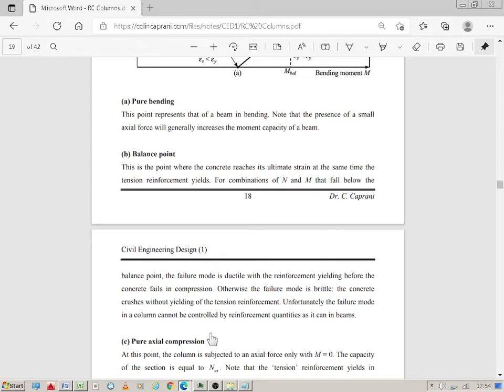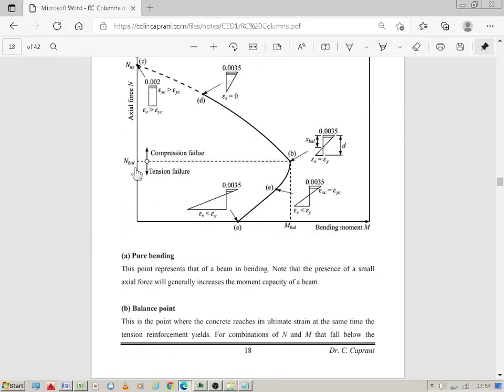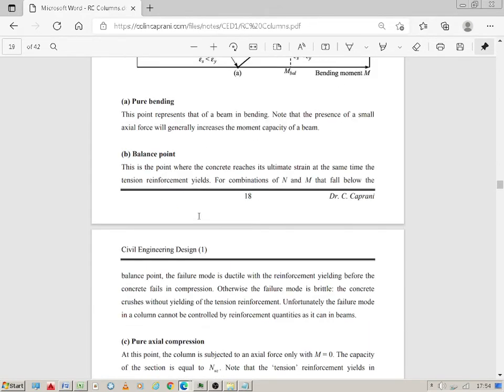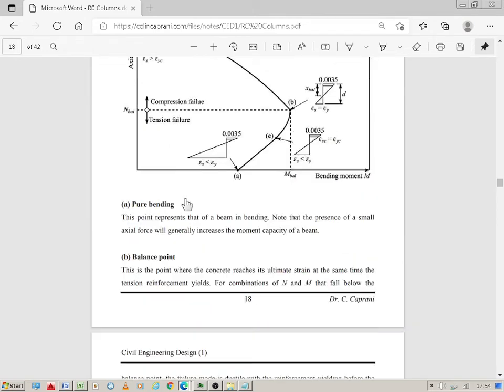So, just read the second sentence again. For combinations of N and M that fall below the balance point, that's tension failure, I think. The failure mode is ductile with a reinforcement failure, so it's tension failure below the N balance line.